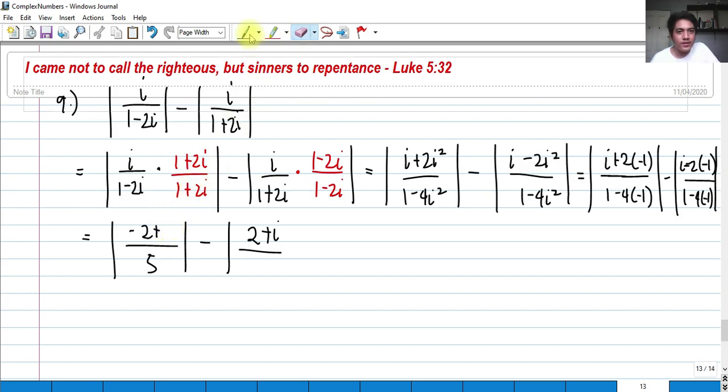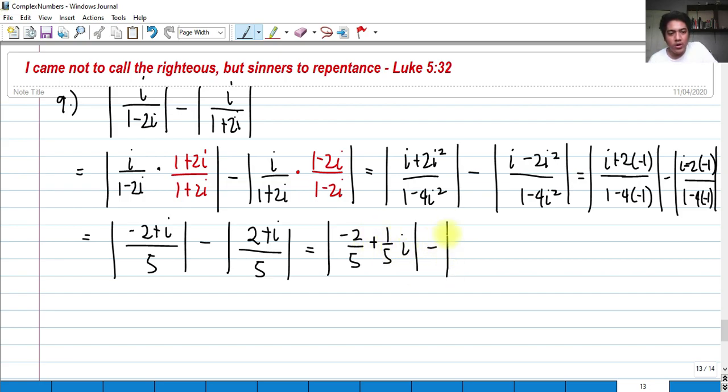Let me just rewrite this. The first can be rewritten as negative 2 over 5 plus 1/5 of i, minus the modulus of 2 over 5 plus 1/5 of i.